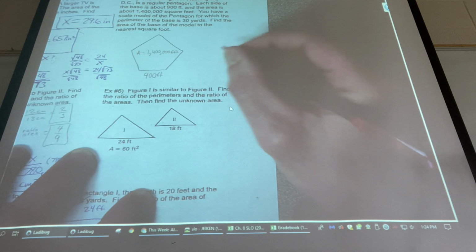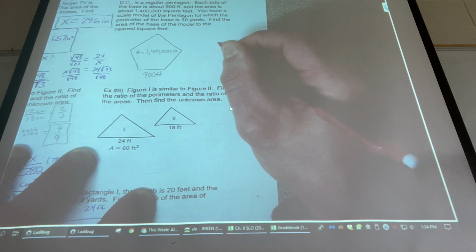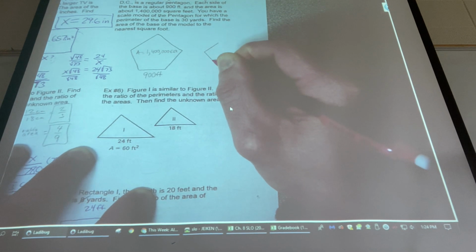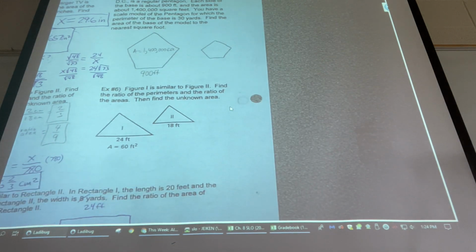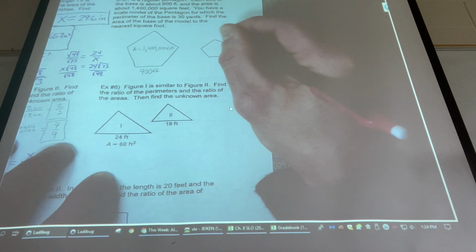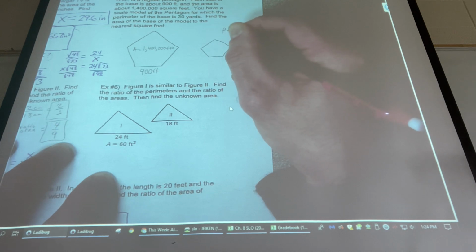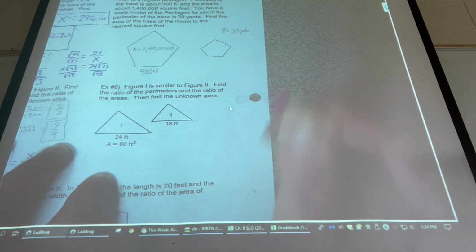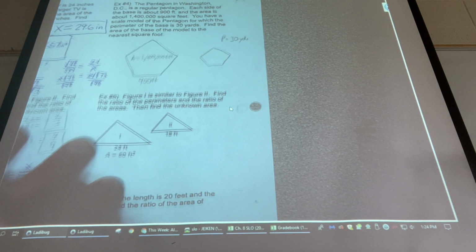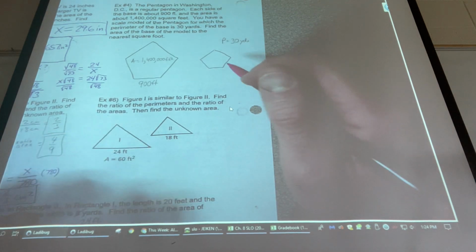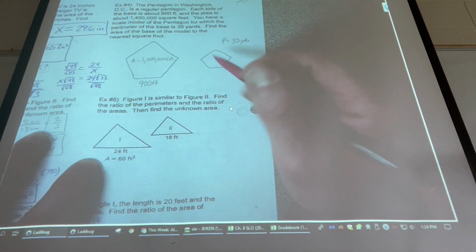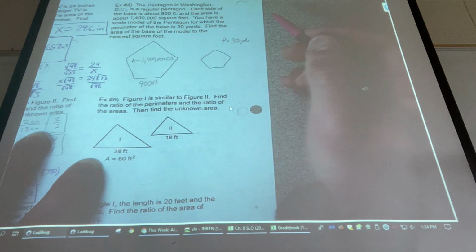Since it's a scale model, it's probably smaller, right? That makes a little more sense. And it tells us the perimeter is 30 yards. Finally, it's asking us to find the area of the base of the model to the nearest square foot.